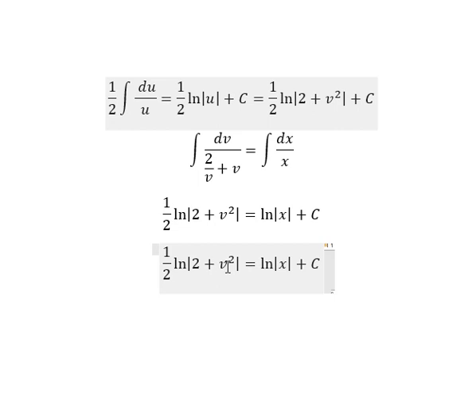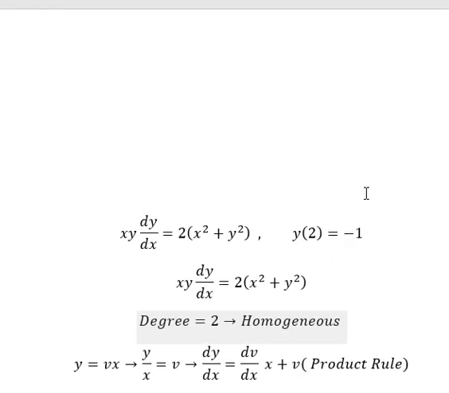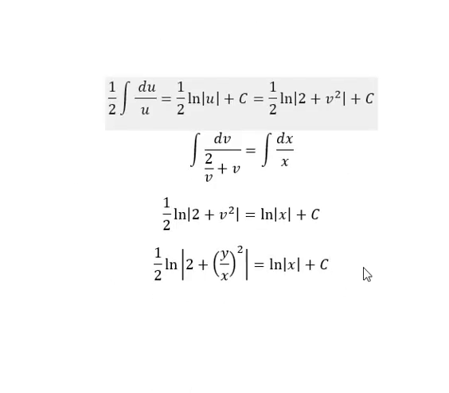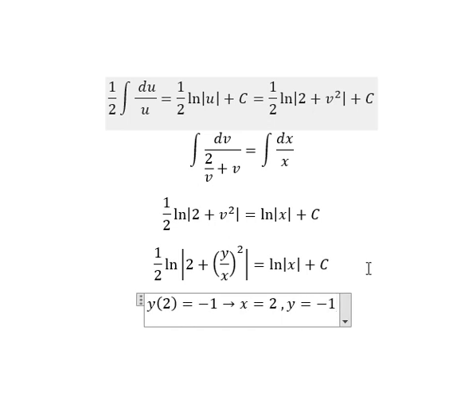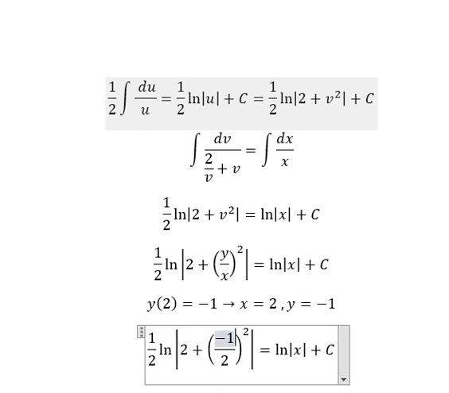Now we have the condition. That means when s equals to number 2, y equals to negative number 1. So we put number 2 here and negative number 1 here.